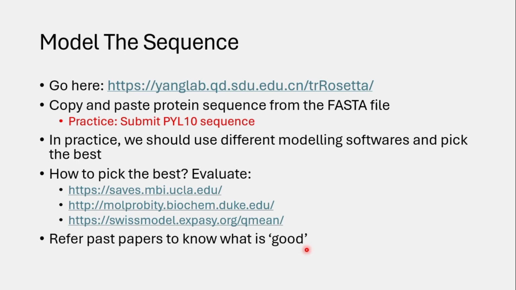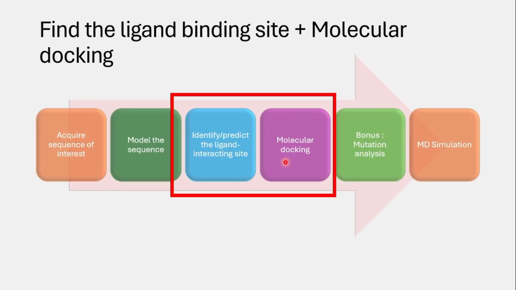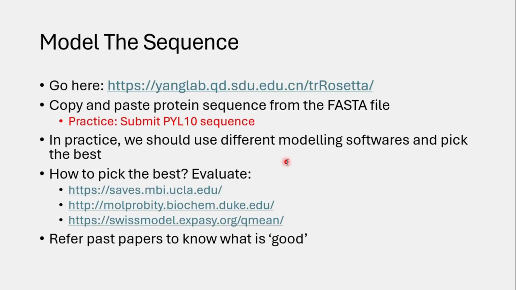Alternatively, if you know a reference protein that is similar to your own protein of interest, we can perform the evaluation for that reference protein as well and compare the scores between the reference protein and also our model protein of interest. If the scores are very similar, then we consider it to be good. Right? So let's do this now.